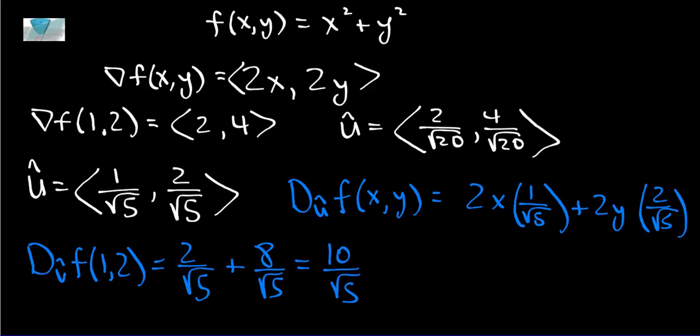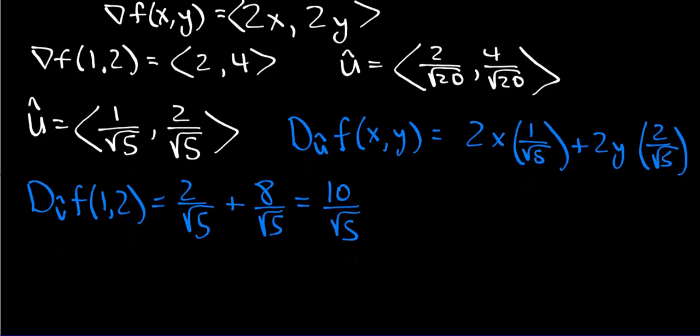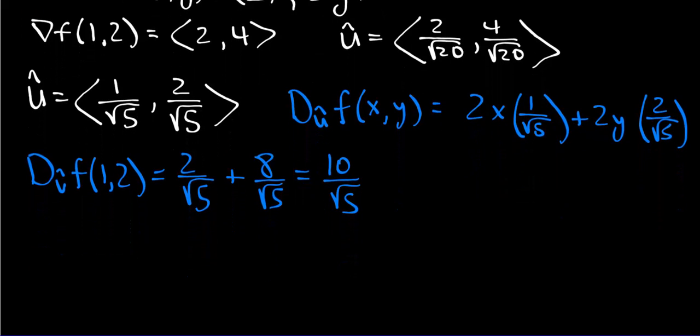Okay. Now, at this point, we're ready to find that tangent line. So we need our vector. We've got our point. Our point is 1, 2, 5. Now let's see what our vector is going to be. For this one, I'm going to take the x component from the vector that we use, the direction, the gradient.